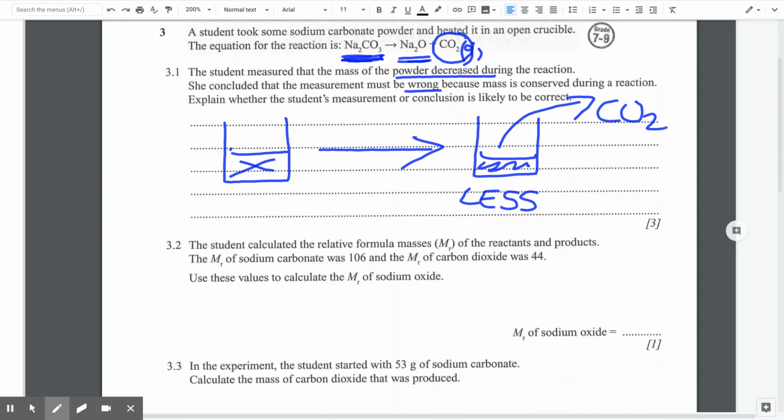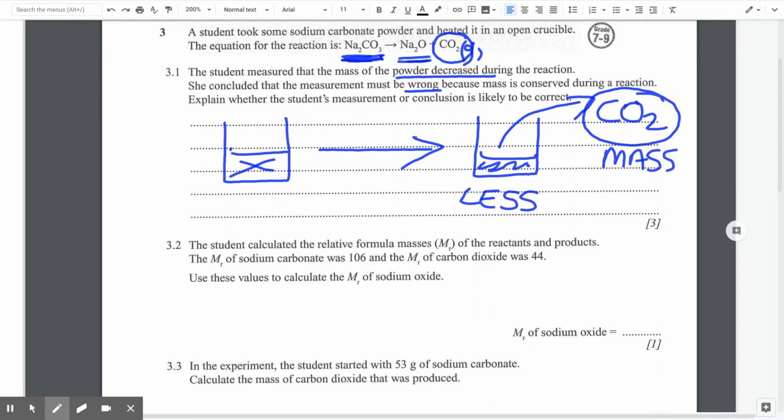So she was correct in the sense of mass must be conserved, and it will be conserved, but the mass which has been lost will still be in existence. It's just not in the beaker anymore, and so it's floated away somewhere. However, the carbon dioxide which has been released will equal the mass lost.